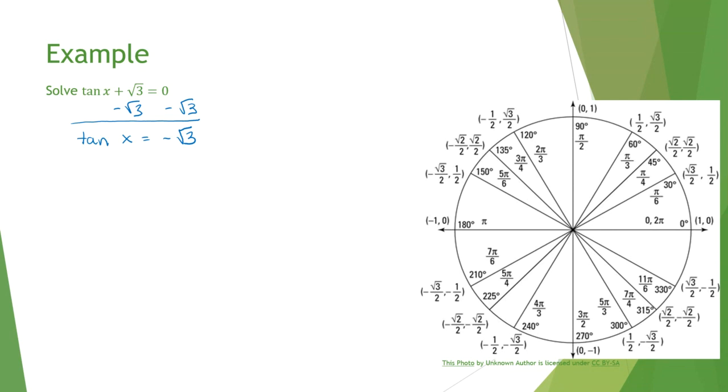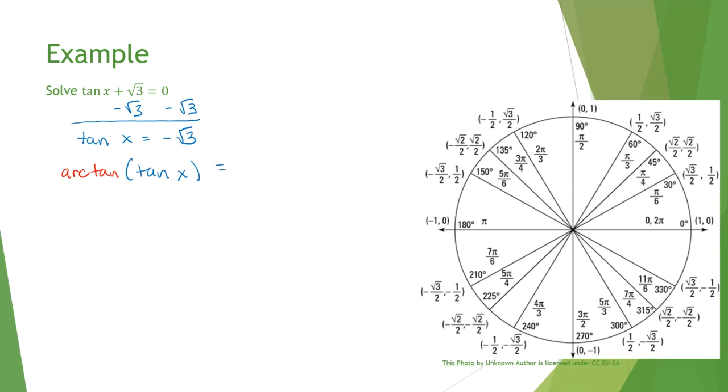So on the calculator, we're going to use what is called arctangent, which is basically taking the inverse, which is not the same as the reciprocal. And this is indicated by writing arctan. So we're taking the arctangent of tangent of x.